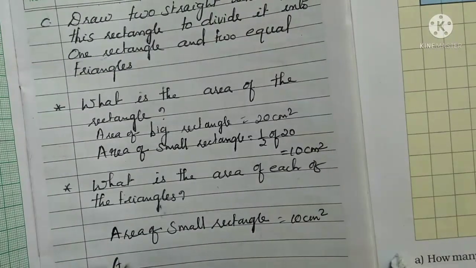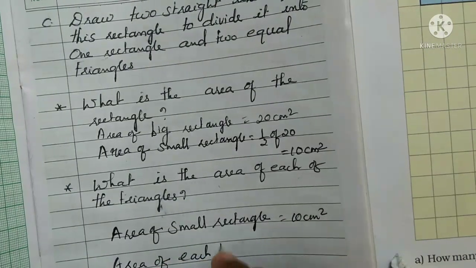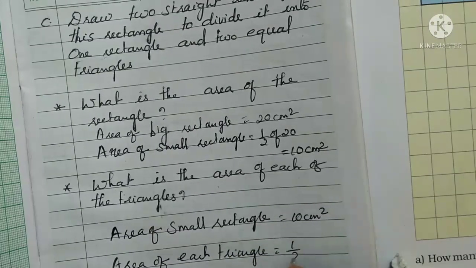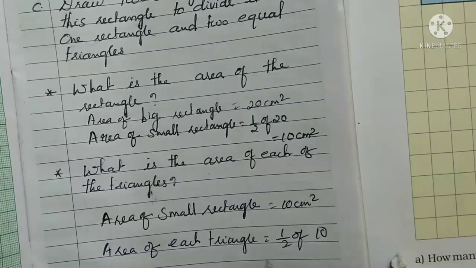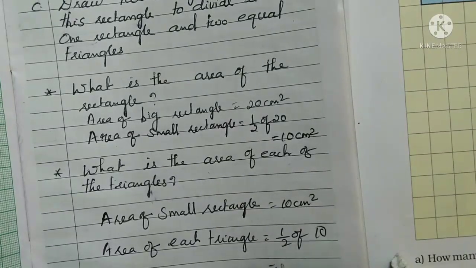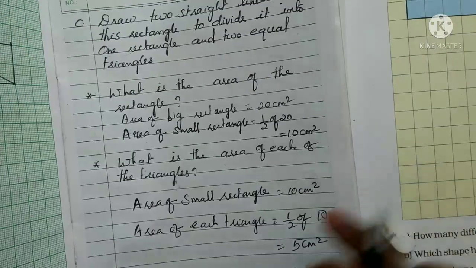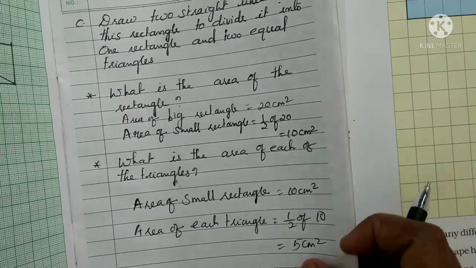So the area of each triangle is equal to half of 10. Half of 10. What is the answer? 10 divided by 2? 5. So the area becomes 5 centimeter square.